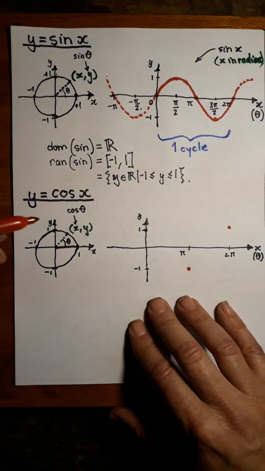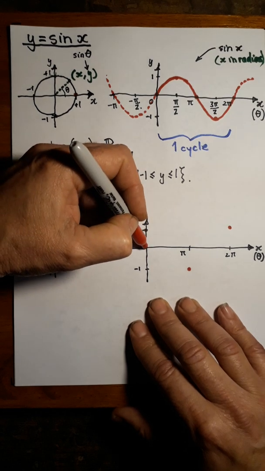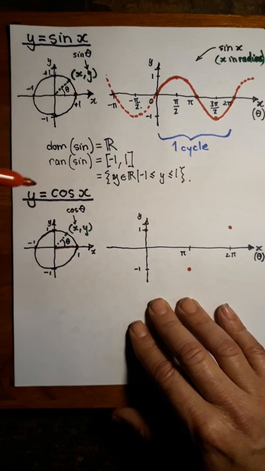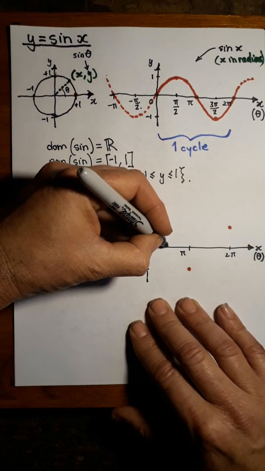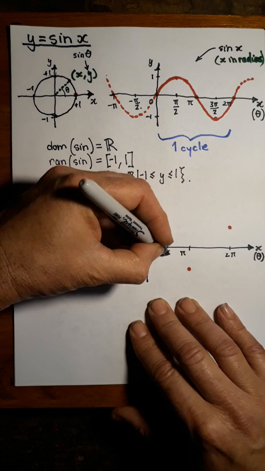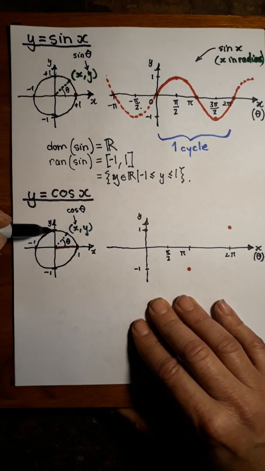Okay, so let's go and do the angles halfway in between, or one angle halfway between 0 and pi. So pi on 2, we'll mark that on here. It's halfway between 0 and pi. So there's pi on 2. And what is cosine of pi on 2?